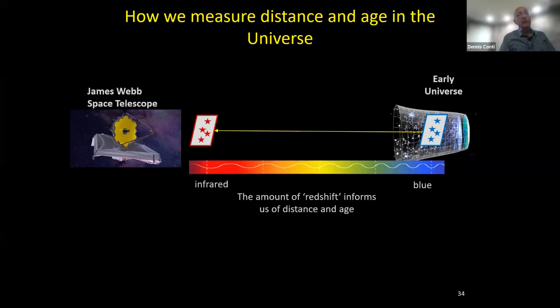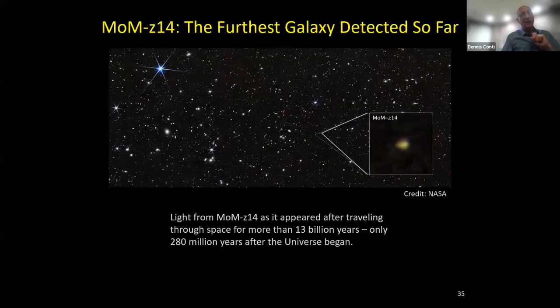Now, we're going to see in a minute some interesting things about this, so bear with me, because it gets even further weird. Here's an example, rather recent, of James Webb seeing an image of a galaxy that appeared more than 13 billion years ago, only 280 million years after the universe began.